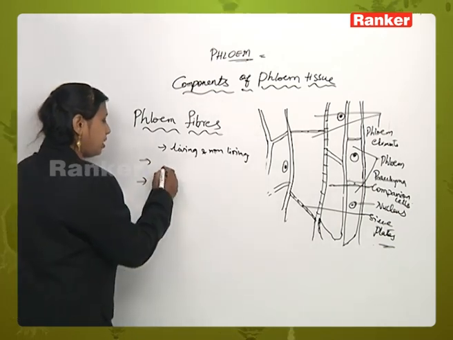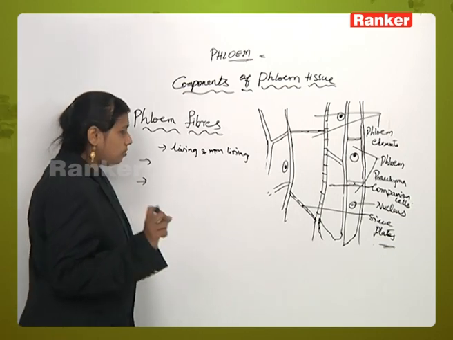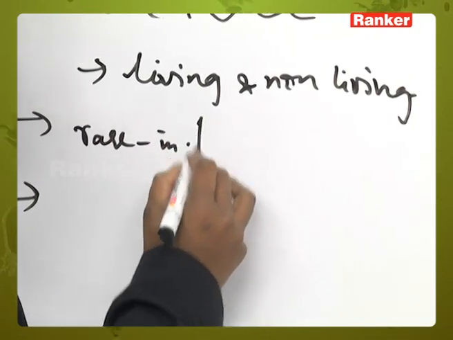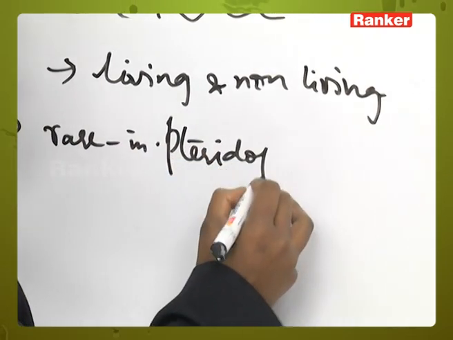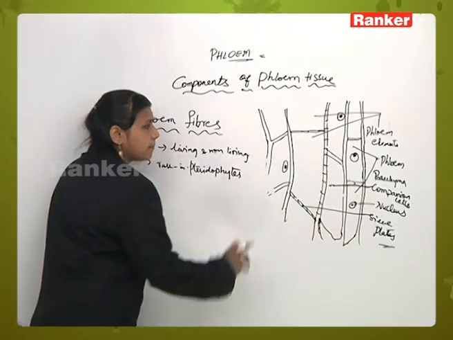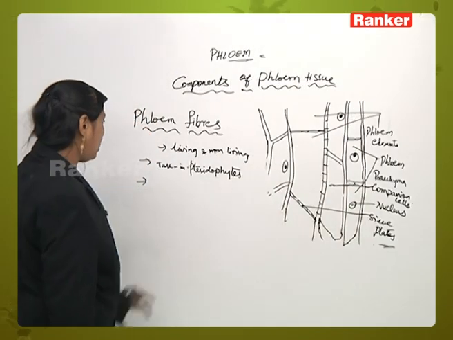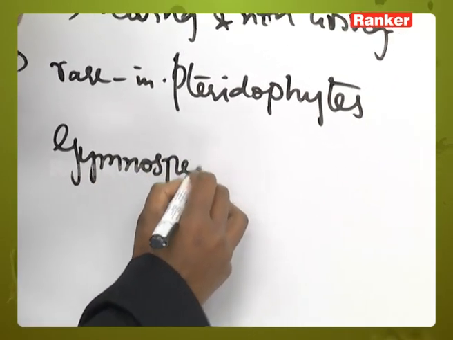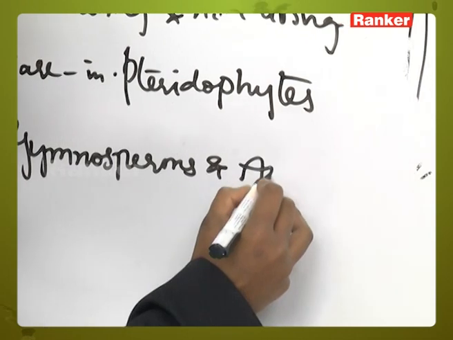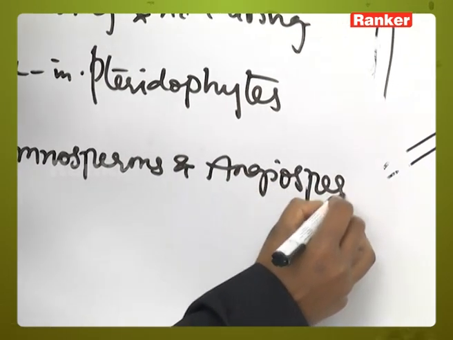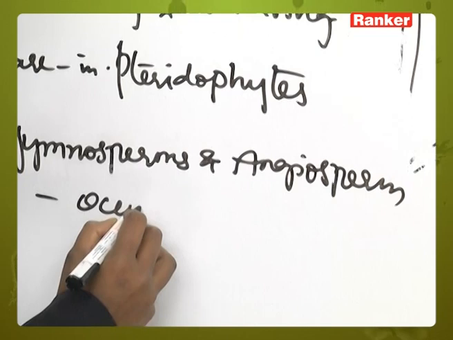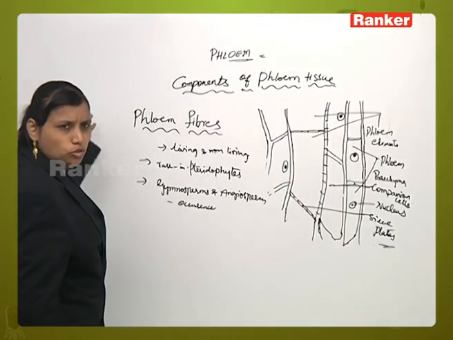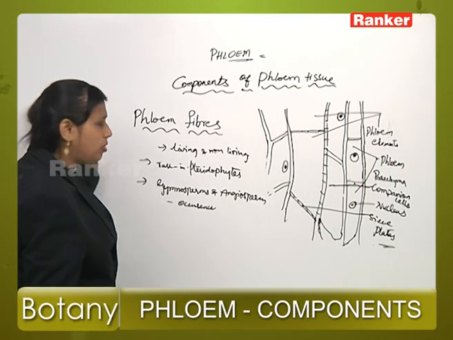The occurrence of these fibers is very rare in pteridophytes, and sometimes these fibers may occur in gymnosperms and angiosperms. The phloem fibers are useful whether they are in the living or non-living form.